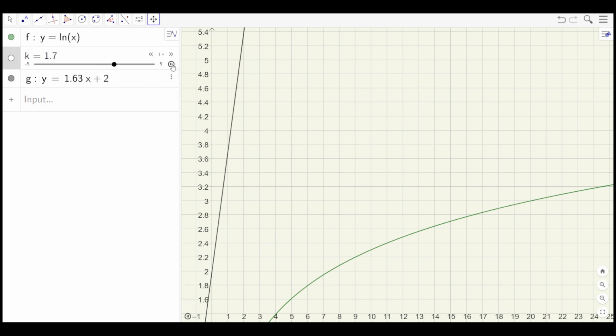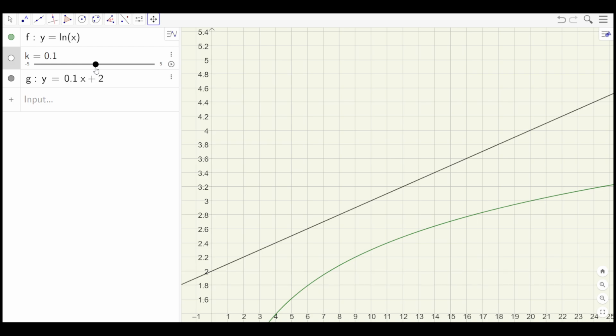So you see, at some point, by changing the k value, this line changes its slope. It becomes, of course, faster and faster. Oops, I cannot keep it. But I hope that you agree with me. At some point, it will touch this graph. That is exactly the value we are supposed to find.